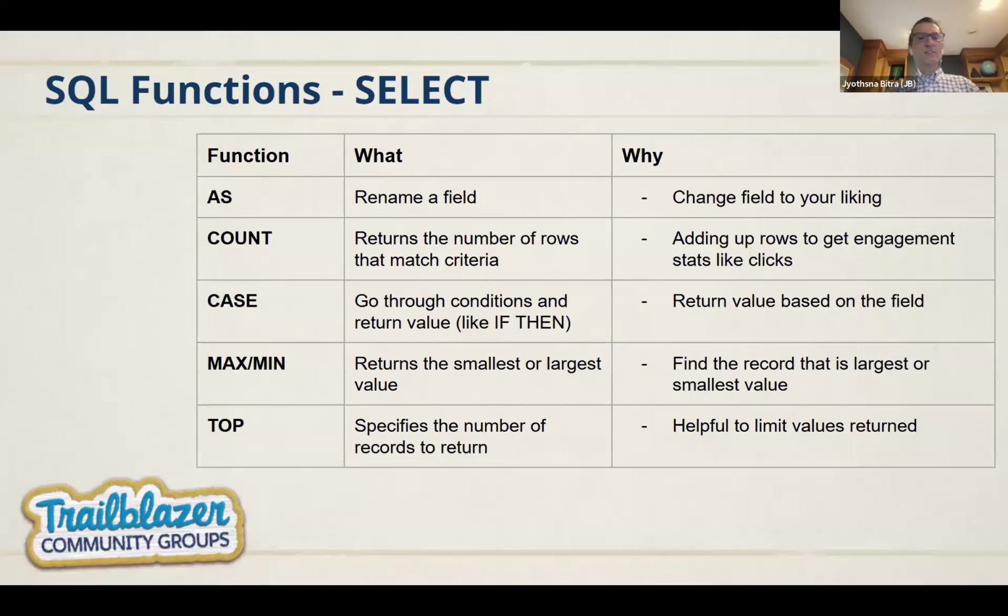Max, min, we'll be using that today in a group by to return either the smallest or the largest value, the earliest in the alphabet, latest in the alphabet if it's a text field. And then a top function just gives you an ability to return an X amount of records. Sometimes that's helpful, especially if your query is running to 30 minutes. So we'll be covering the first 4 of those. We may not get to top today.